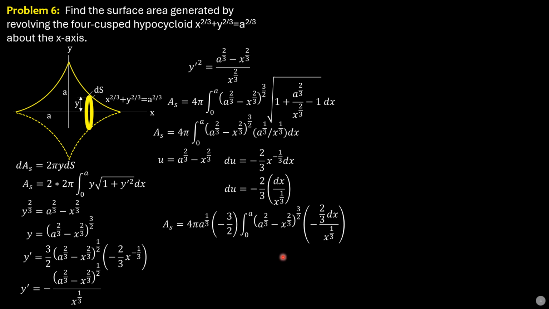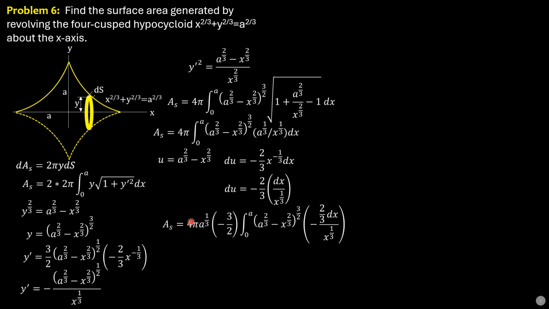So this is now in the form. So this is the constant. Then this is integral of u to the 3 halves, then du. So the integral of u to the 3 halves du is u to the 5 halves over 5 halves, or simply 2/5 of u to the 5 halves.